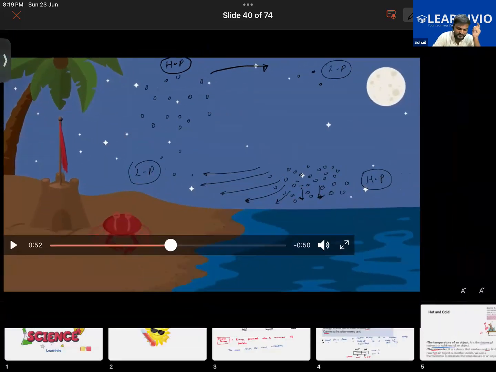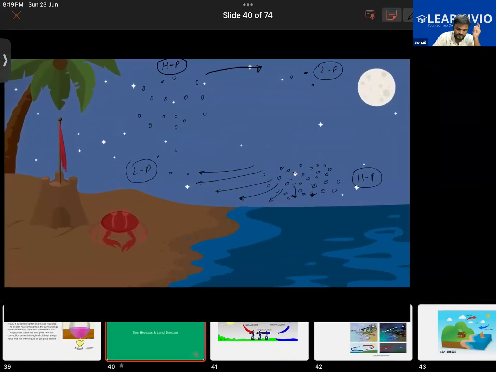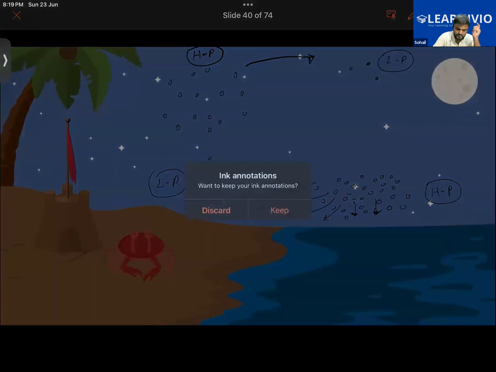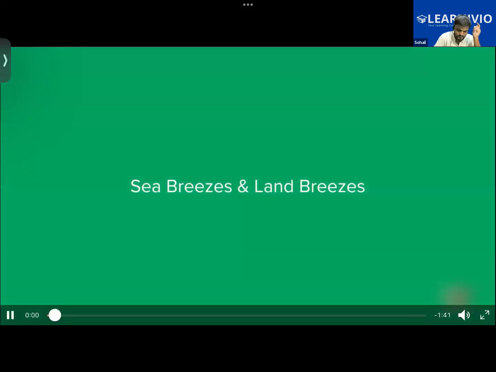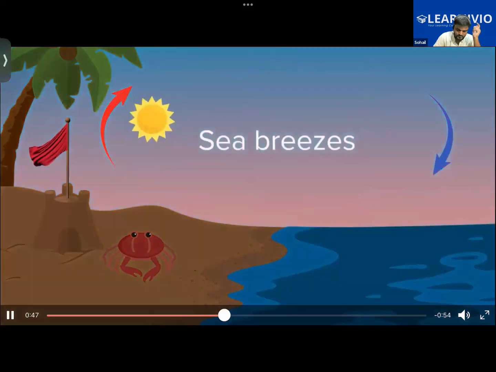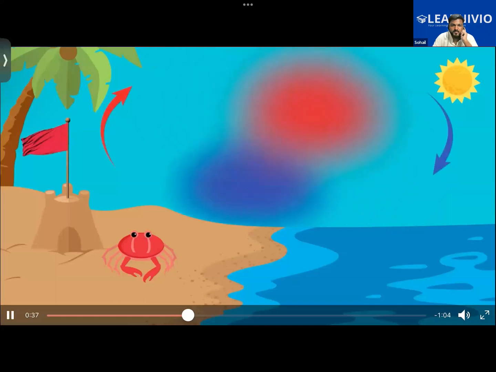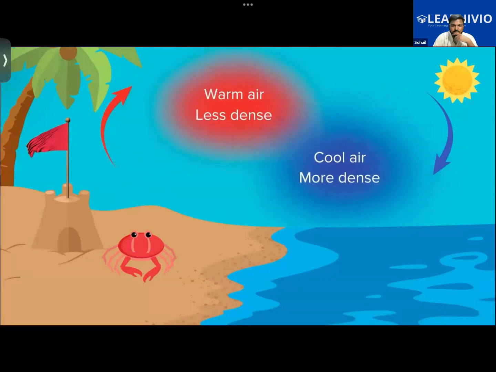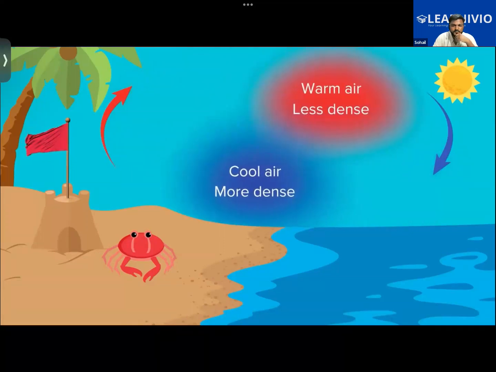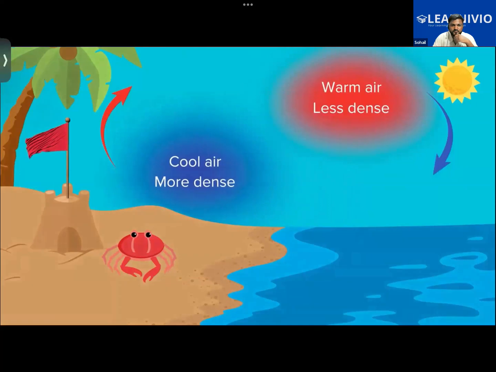Otherwise, you'd be getting confused. Sea breezes. Air over the land is replaced by cool ocean air. This air is warmed by the land and rises, and the cycle continues.